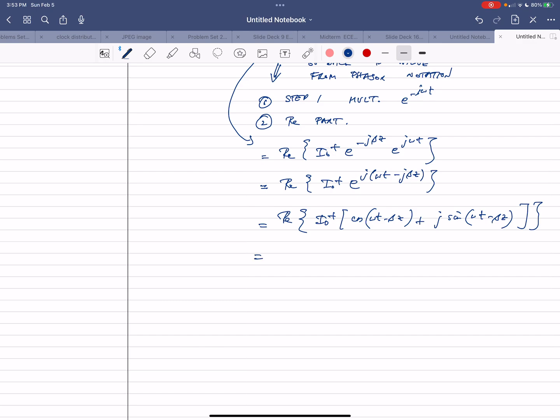And that's equal to I0 plus cos of omega t minus beta z.